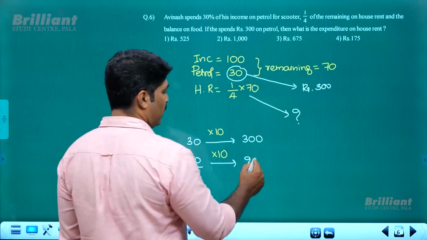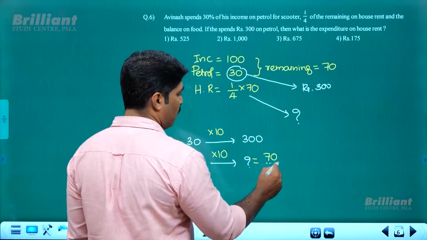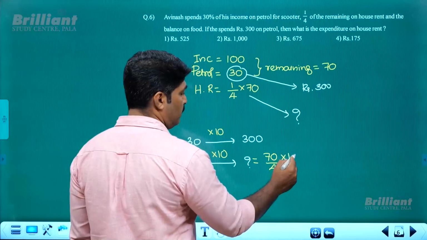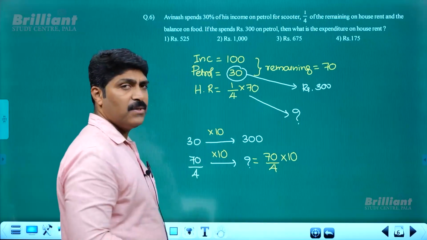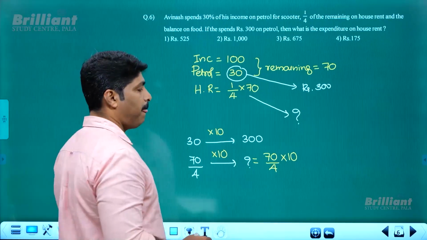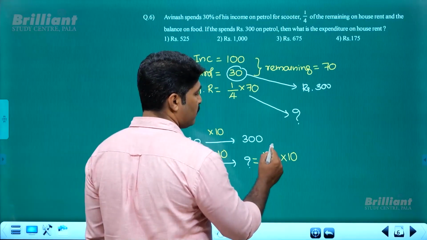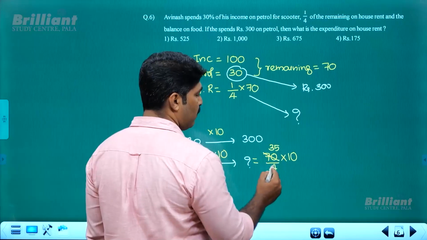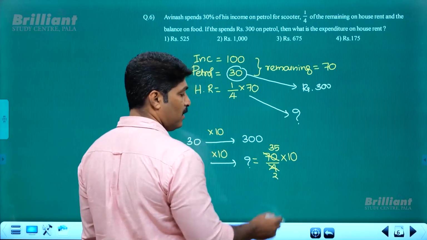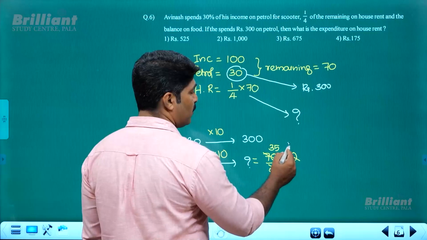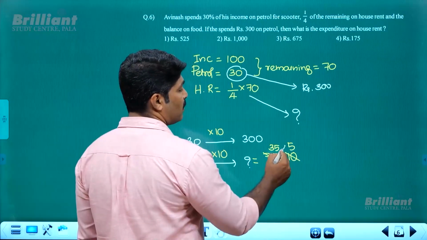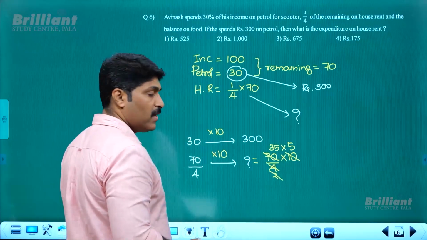You just simplify it. This is 70/4 into 10. That's equal to 700/4. Or otherwise, we just simplify it. This is 2 times 35. Then 2 we can cancel here. This is 2 times 5. So this is nothing but 5 into 35.